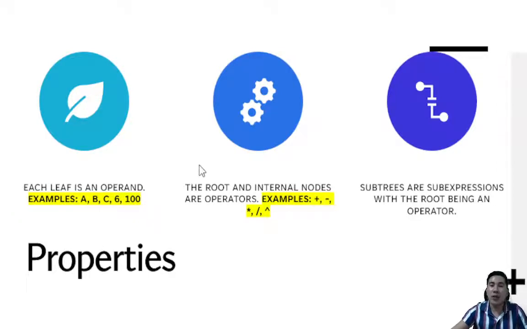The root or the internal nodes must be operators, either addition, subtraction, multiplication, division, or exponent. Subtrees are sub-expressions with the root being an operator. So if a node is not a leaf, it should be an operator. If a node is a leaf, it should be an operand.